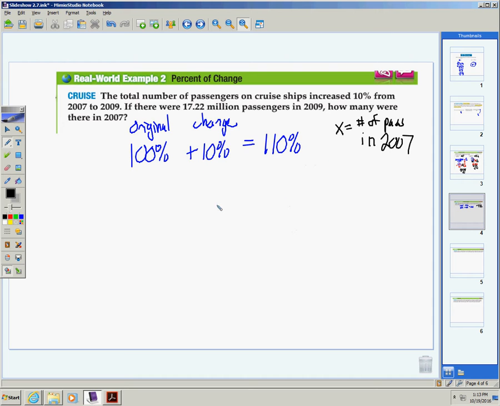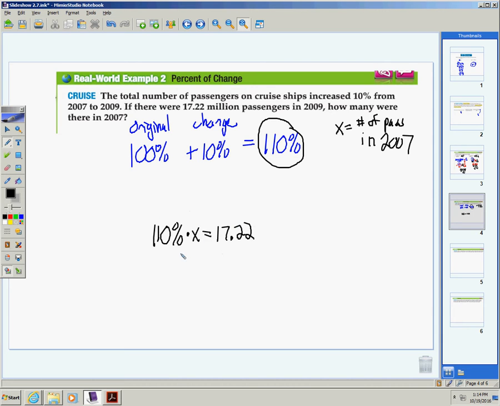It's going to be however much it changed, so it was 110% of my original, so times X is going to equal my new amount, which there were 17.22 million in 2009. Okay? Percent of original equals our new number. We had 110% of my original is my new number.